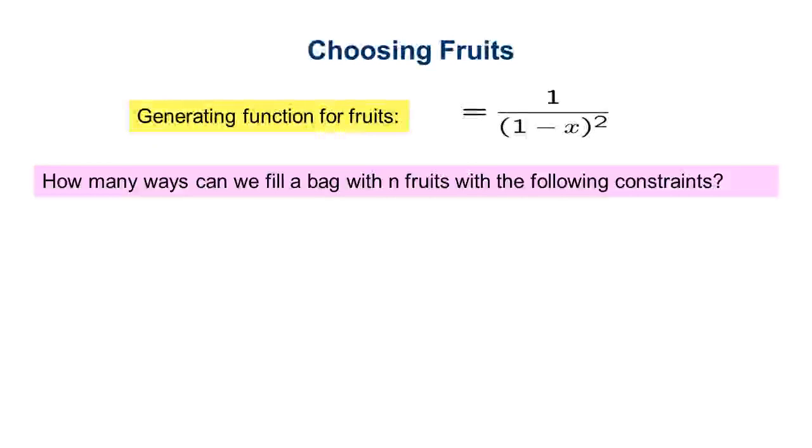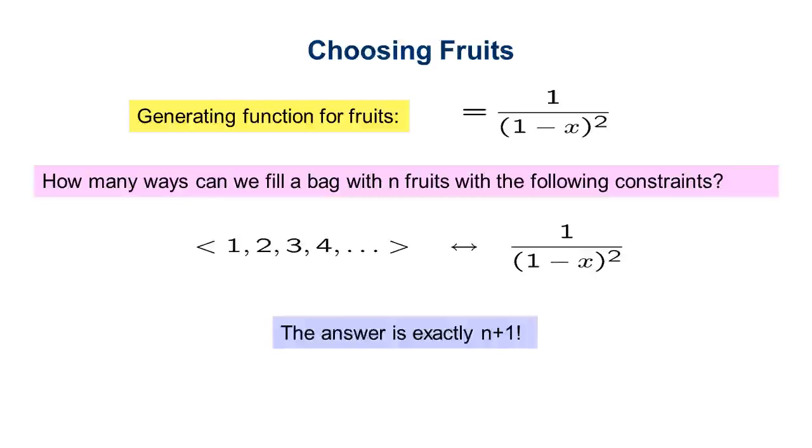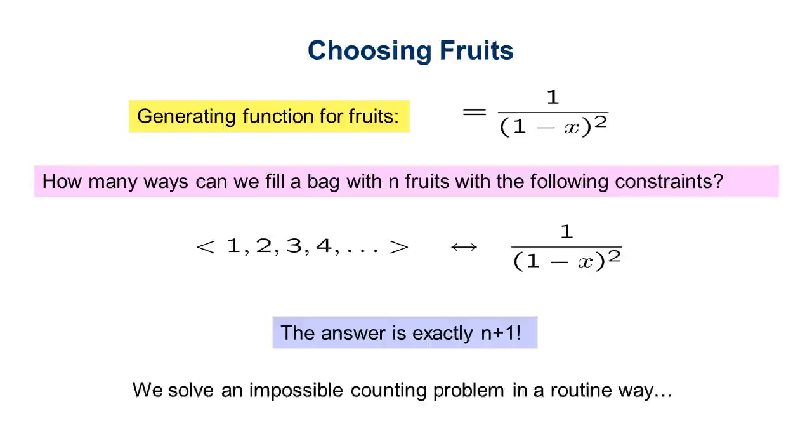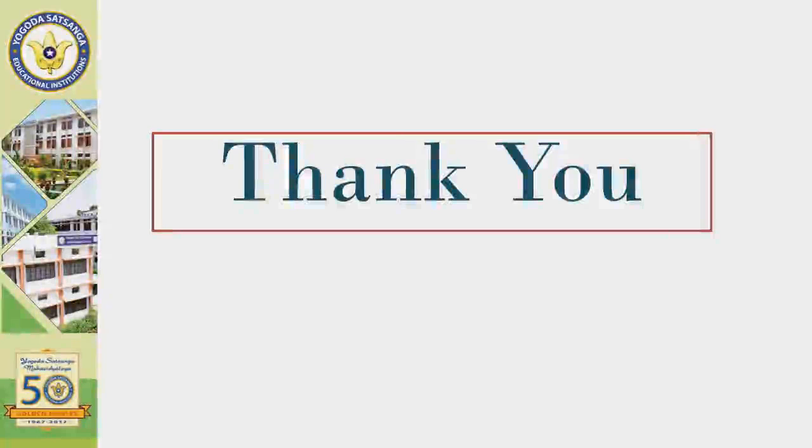How many ways can we fill a bag with n fruits with the following constraints? It is 1, 2, 3, 4. Since this is the sequence of this closed form of the generating function, the answer is exactly n plus 1. Thank you.